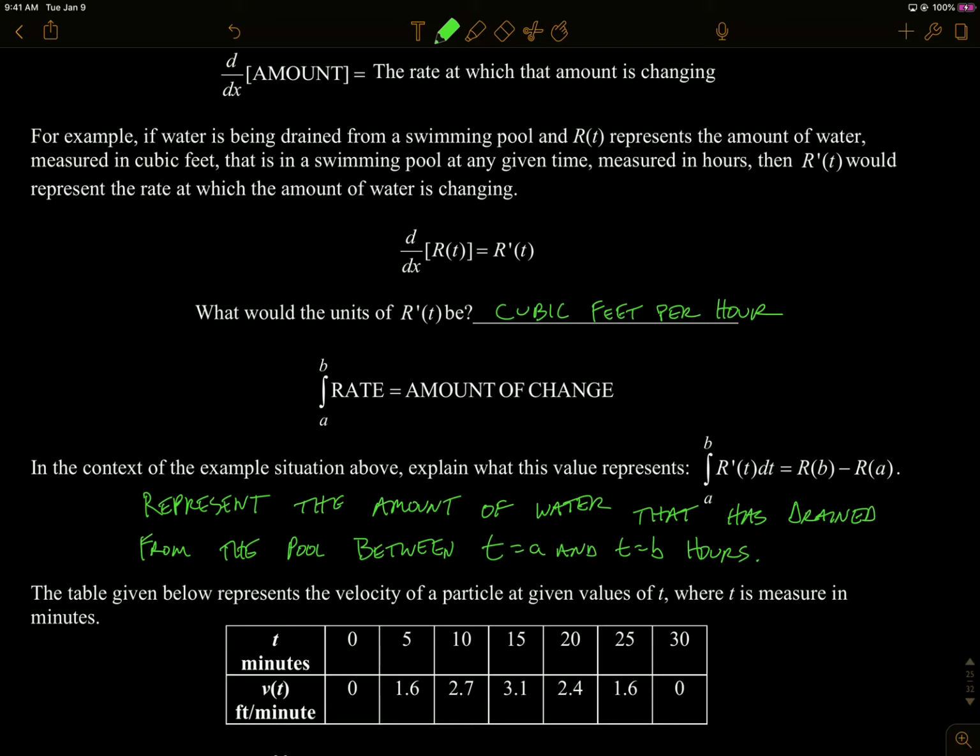You could also think of it as the change in how much the water has changed. It's not how much water is in there, but how much the water has changed in the pool, the net change.